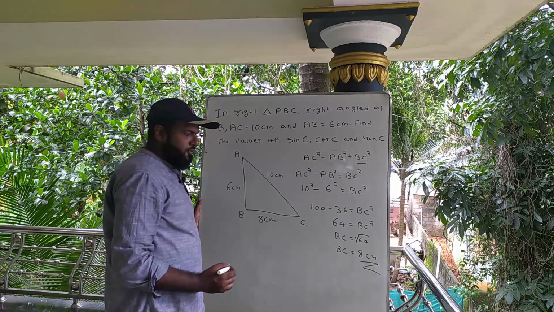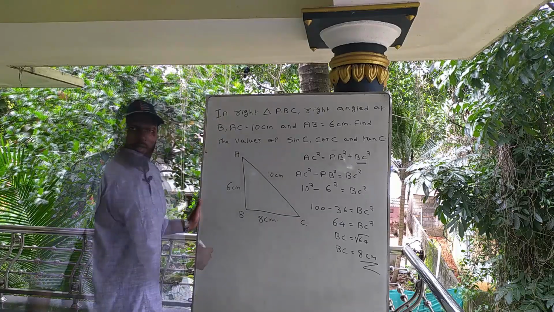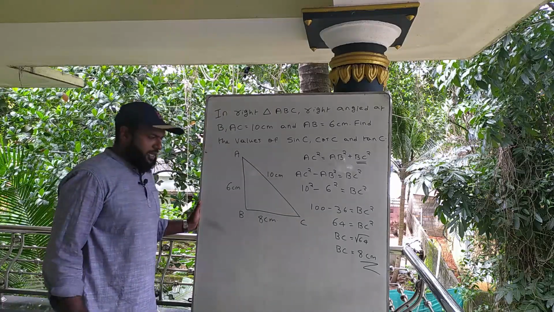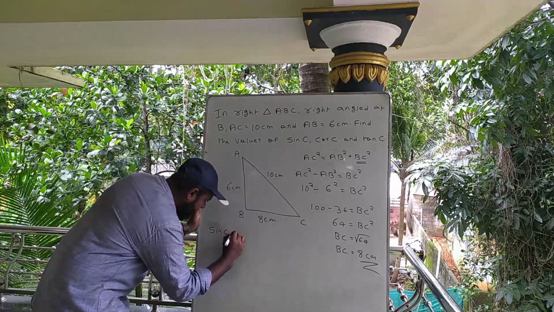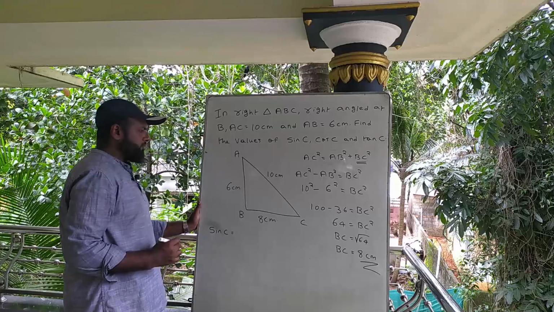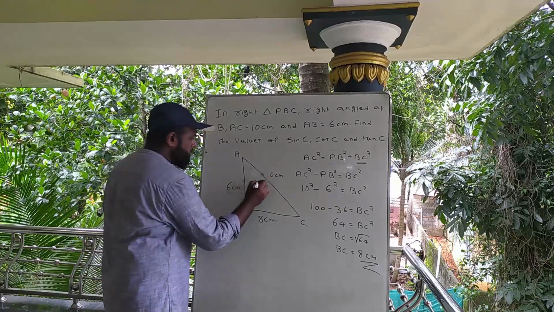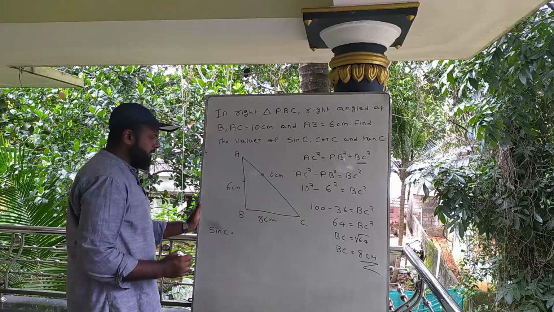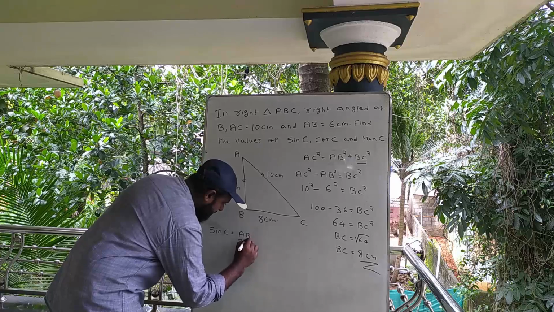Then it is easy for us to find all the trigonometric functions of C. Let us find what is sin C. Sin C equal to opposite side of C by hypotenuse. What is opposite side of C? That is AB by hypotenuse.